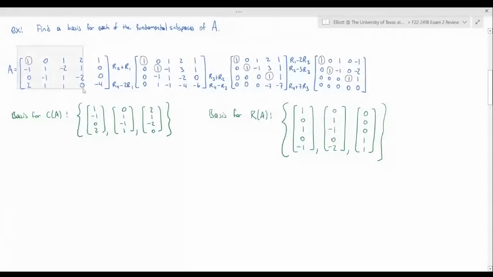Now, some of you will take the original rows to get a basis for the row space. And that is okay. But there's one thing you should be aware of if you are going to do that: when you are doing your row operations to reduce your matrix, if you did a row swap, so for example, I didn't do any row swaps here. As an example, let's suppose at some point I did row 3 swap with row 4, okay?